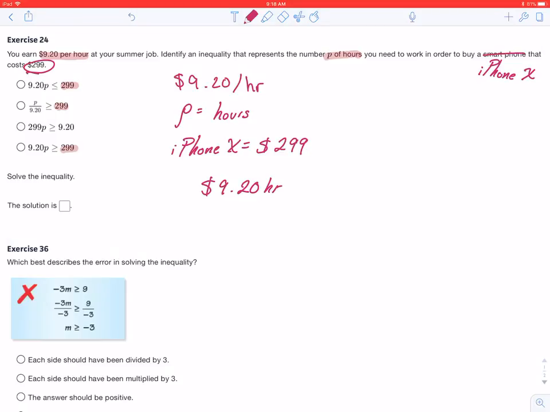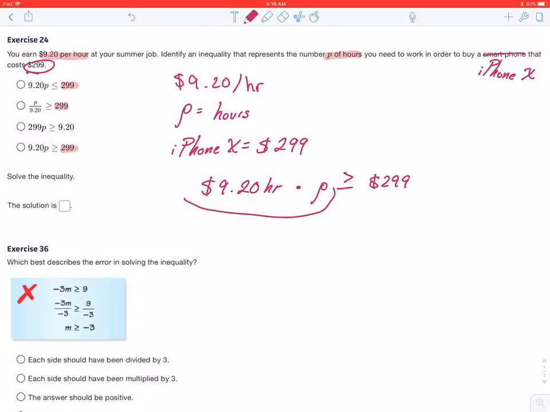And we can figure out how much money we have by multiplying that by the amount of hours worked, or in this case, P. P represents the amount of hours worked. And we said that $9.20 an hour times the amount of hours worked is going to give us our total monies. And that total monies has to be either equal to $299 or greater than $299.